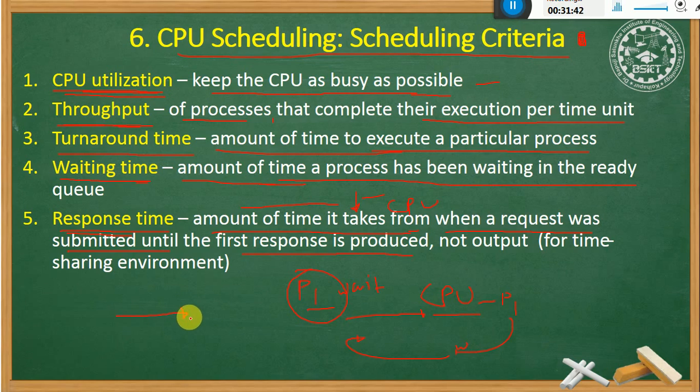When I arrive in the queue, the time I spend in that queue is called waiting time. Suppose I come to the queue at 10 a.m. and at 10:30 I become the first member in that queue. So half an hour I spend waiting, and that period is called the waiting period.